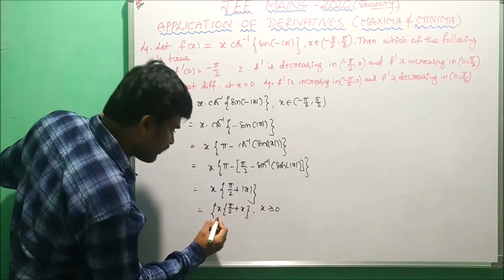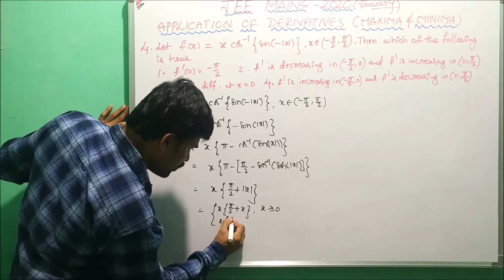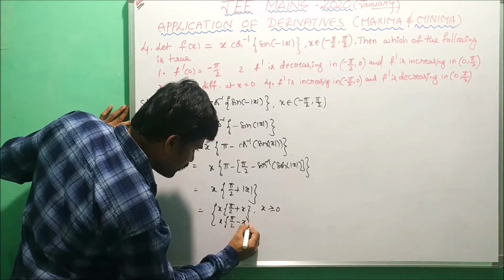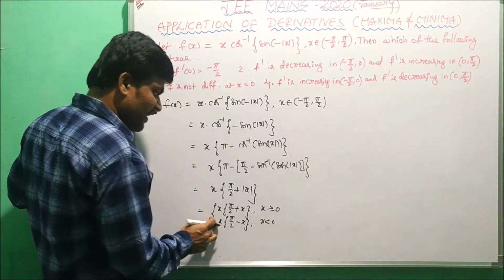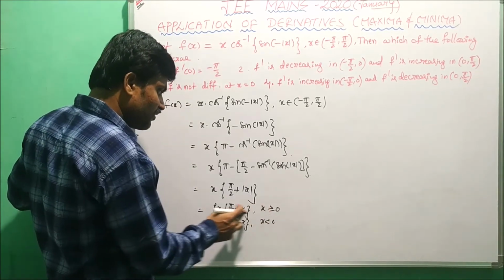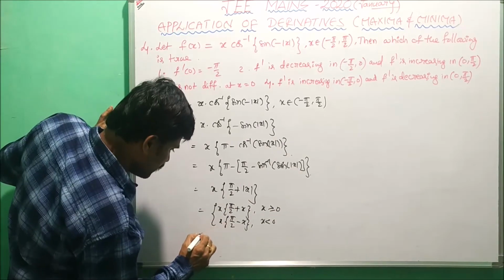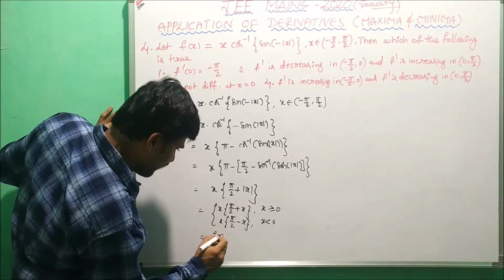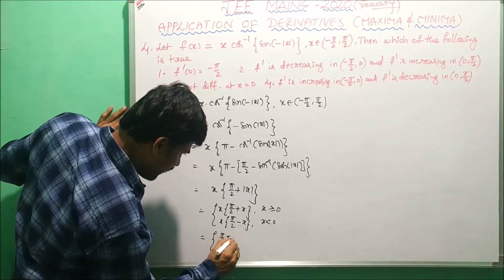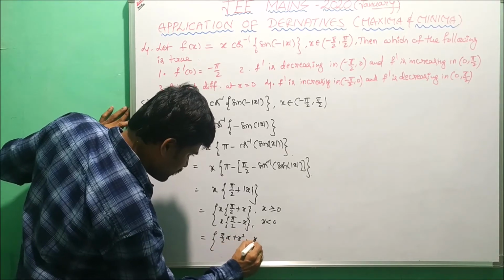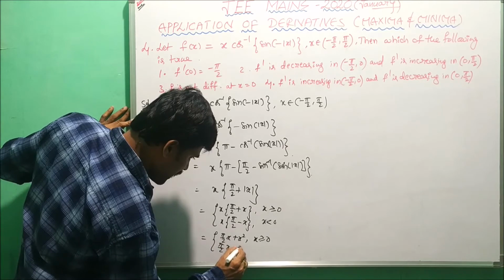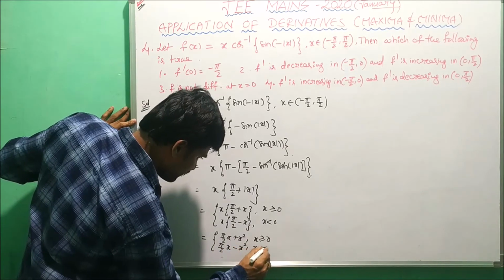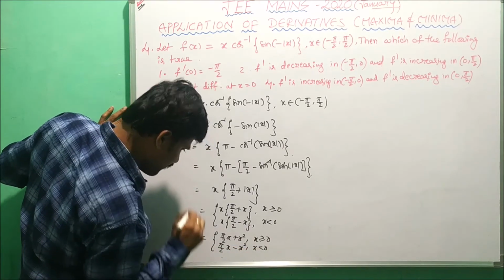This is one case. Similarly, x into pi by 2 minus x, we can take x is less than 0. Now that equals to, multiply with x, pi by 2 x plus x square for x greater than or equal to 0, pi by 2 x minus x square for x less than 0, that is f of x.